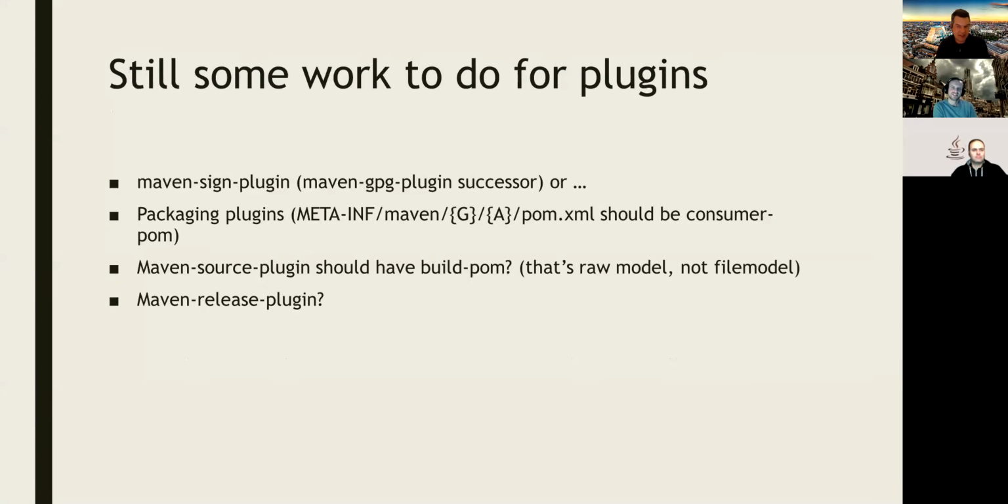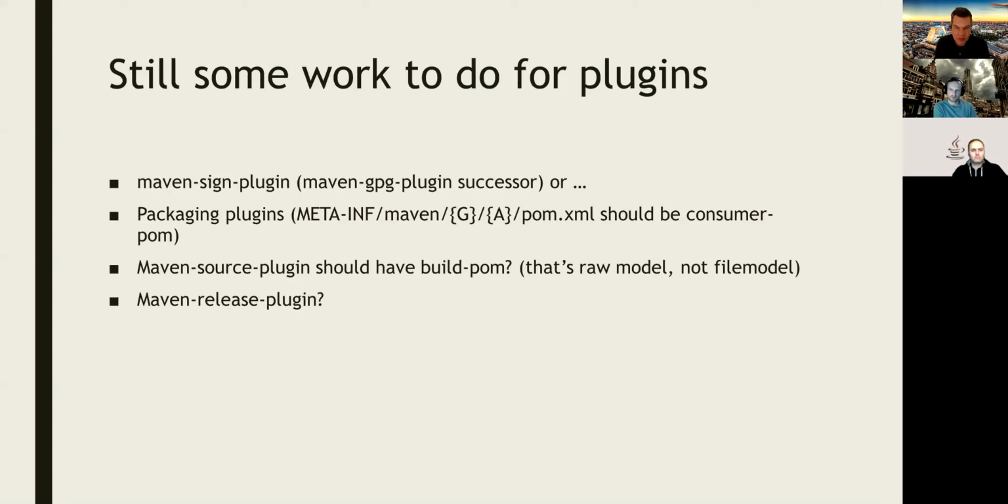So this is basically what has been changed, and there is still work to do. One of the things is the Maven Sign plugin, or the Maven GPG plugin successor. The current GPG plugin uses the local POM file to sign.